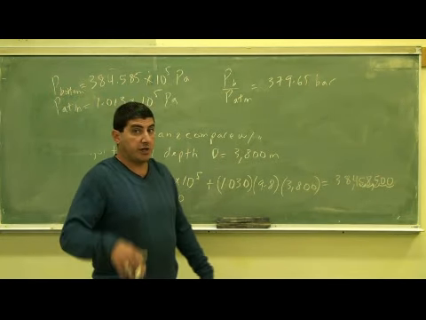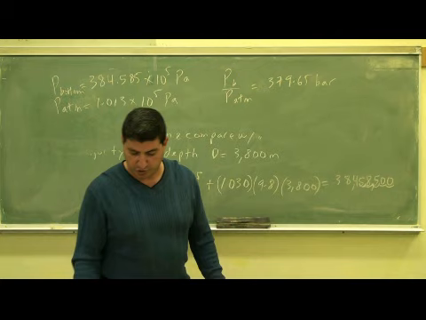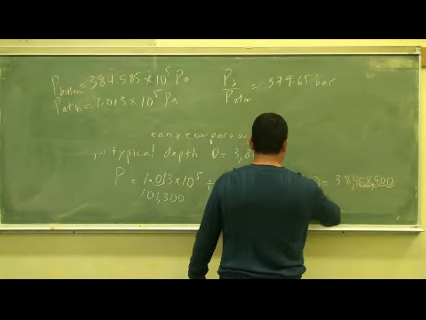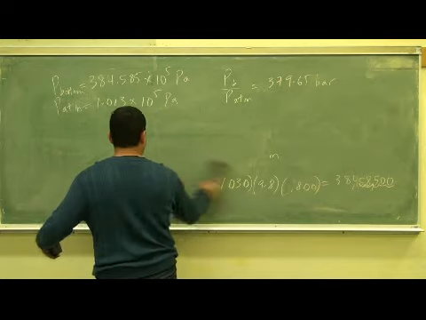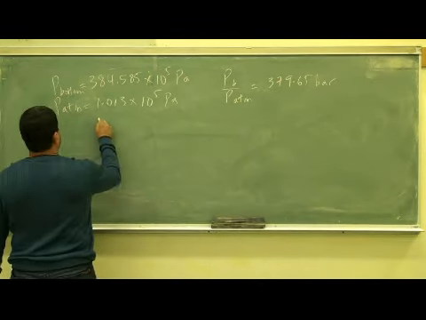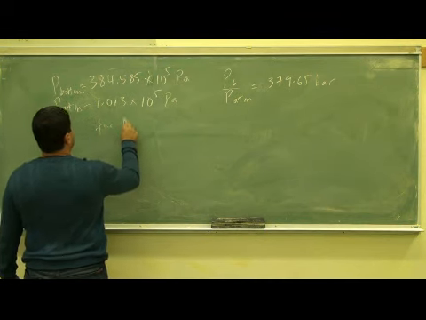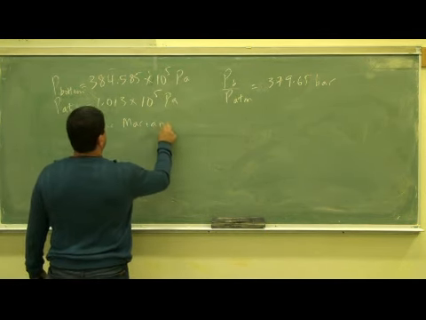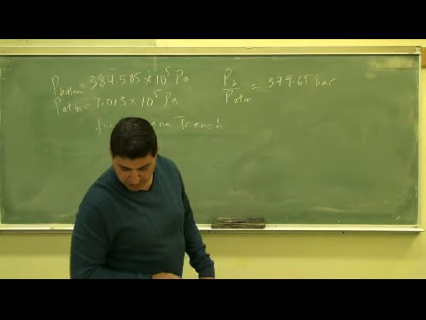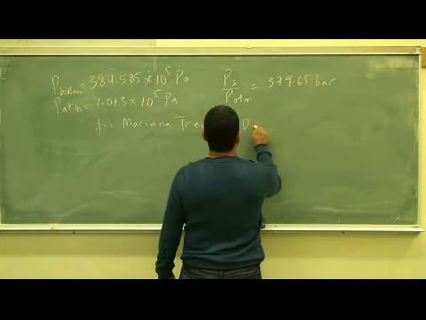How about the pressure at the bottom of the Mariana Trench? That would be 11,000 meters. So for the Mariana Trench, the depth is about 11,000 meters.